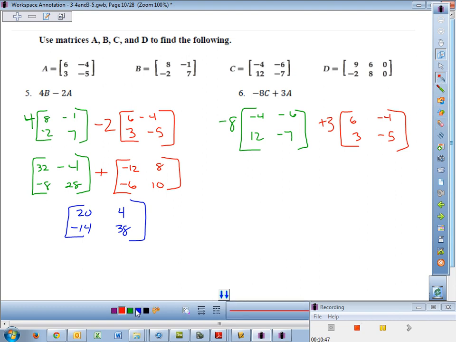So 32 and 48 and 96 and negative 56. You can use a calculator. I got no problems. I have a calculator stored in my skull.